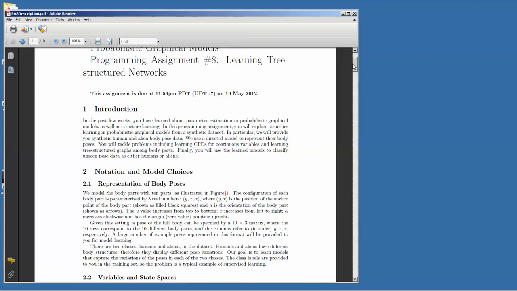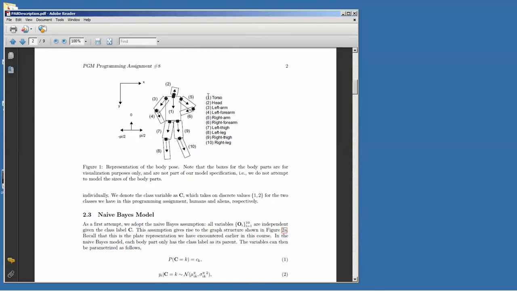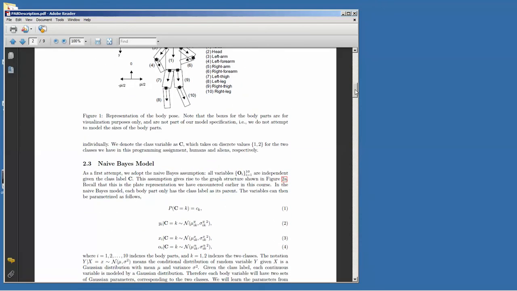You will learn some parameters, and then eventually in the latter part of the assignments you will also learn the graph structure. You can read all the details. I'm sure if you go through this PDF, you will understand the notations and everything.